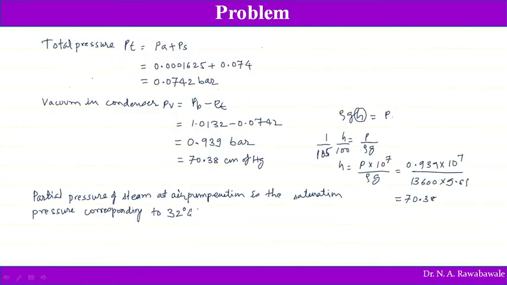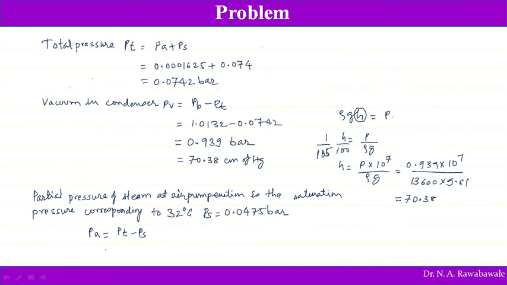Partial pressure of steam Ps is equal to 0.0475 bar. Now partial pressure of air is equal to total pressure in the condenser minus partial pressure of steam.